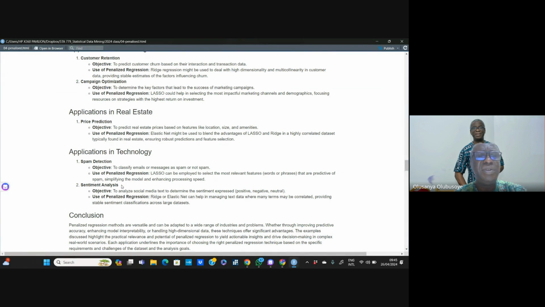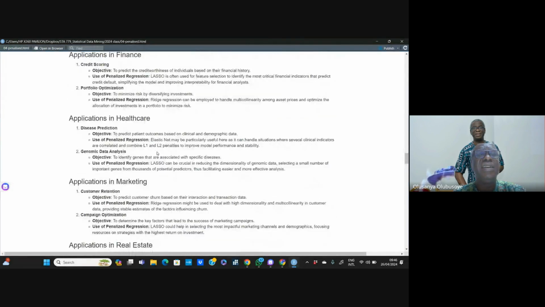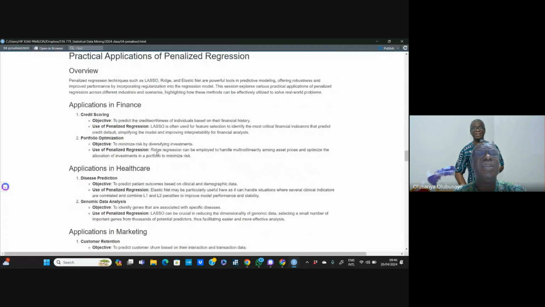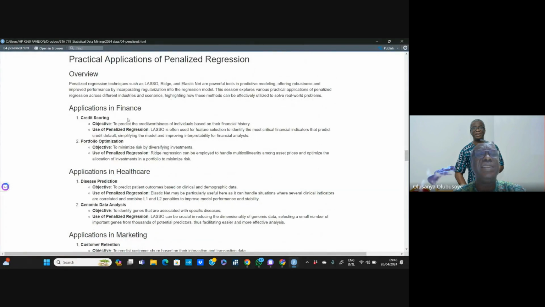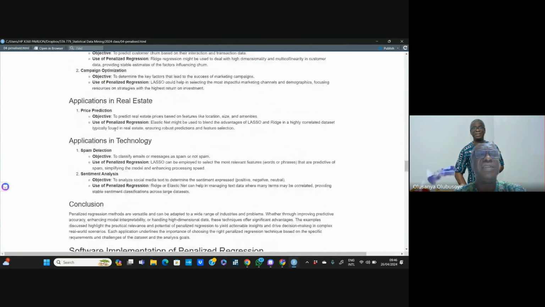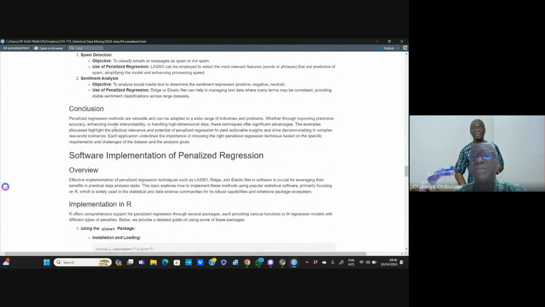You can use it also in text analysis, maybe in sentiment analysis, to be able to determine social media pattern, whether it's social media sentiment, whether positive, negative, or neutral. So these are different application areas. And if you want to do applied work, maybe for your project, these are areas you may want to consider to do your project on.